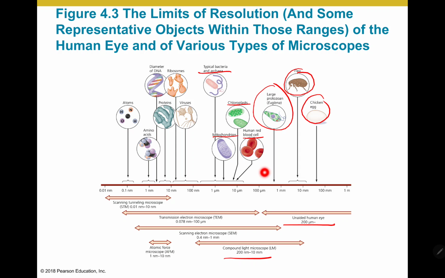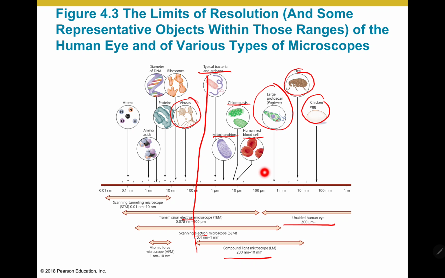But notice that we cannot see a virus. We can't use the compound light microscope that we use in the lab to see a virus. It just won't work. So we have to use an electron microscope, either a transmission or a scanning electron microscope, where we can see these super tiny molecules.